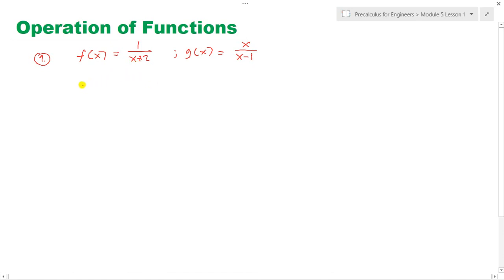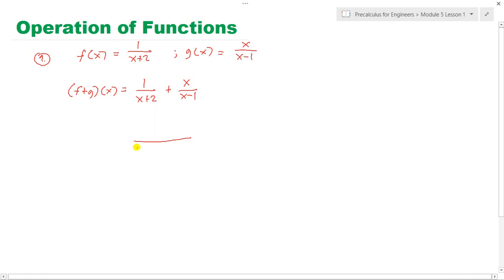Again, for addition, denoted as f plus g of x, is just equal to the sum of f of x and g of x. So we have 1 all over x plus 2 for f of x, and then plus x all over x minus 1. Actually class, the operations of functions are just simple. You just use your knowledge from the previous modules wherein we simplify rational expressions and equations.